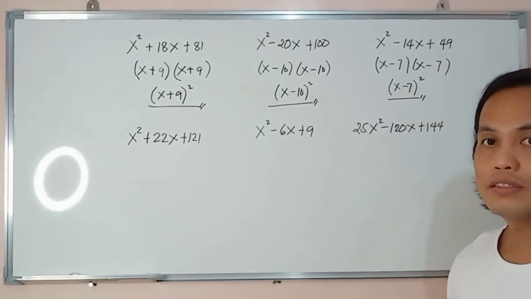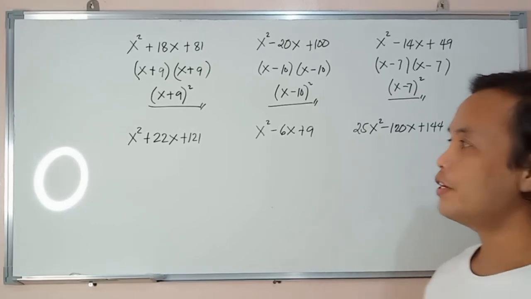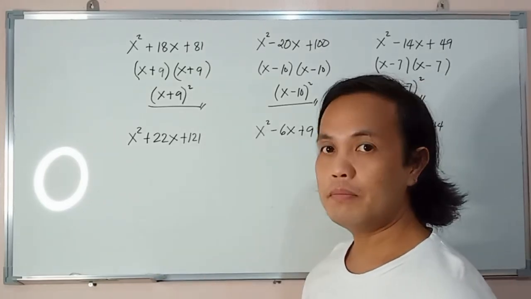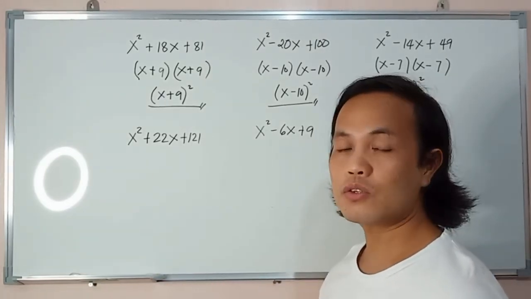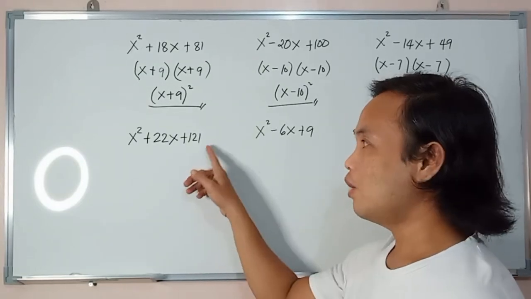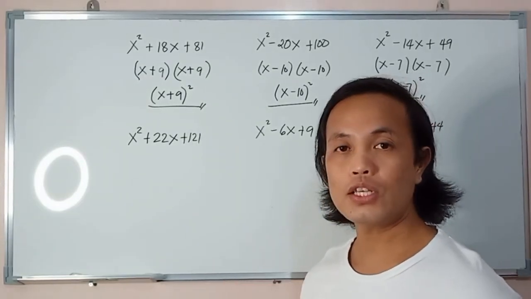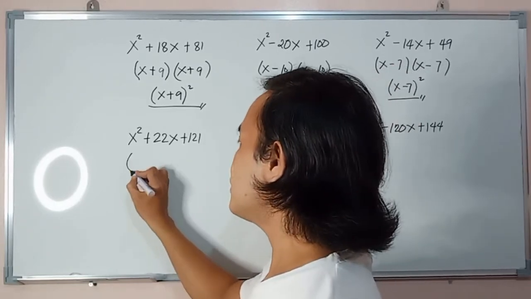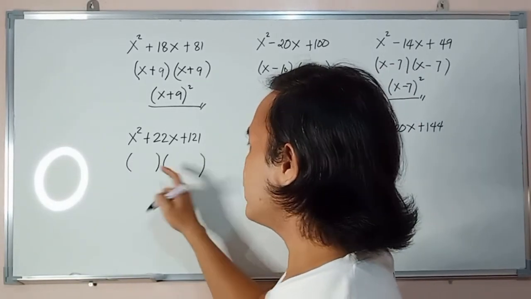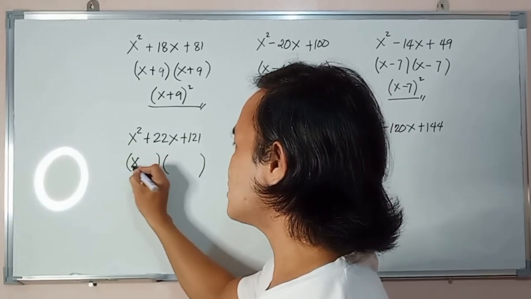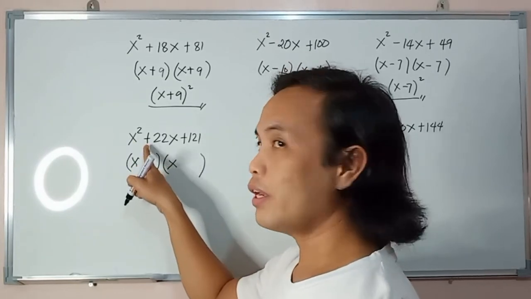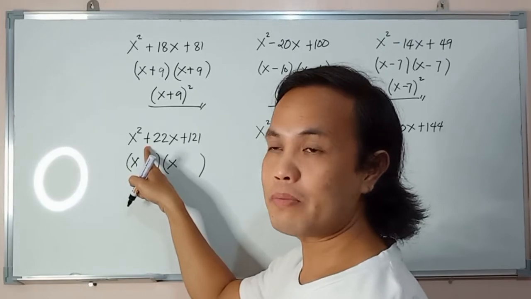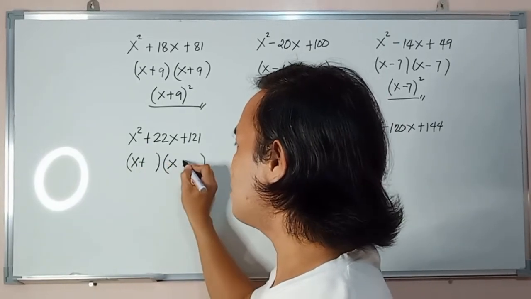Let's proceed to another example: x squared plus 22x plus 121. 121 is a perfect square and its square root is 11. The factors are: we get the square root of x squared, that is x times x. Then we copy the sign of the middle term, which is positive, so we copy plus and plus.